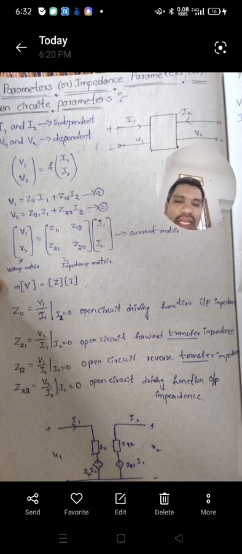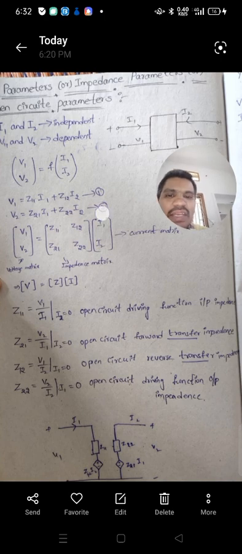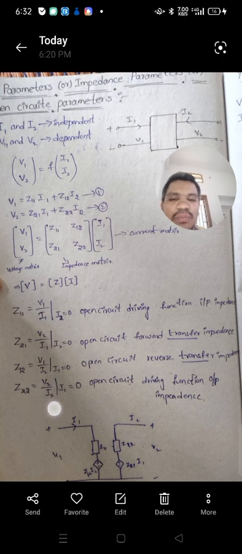And now again we will substitute I1 equal to 0 in the second KVL equation. So therefore Z21 into 0. So we get V2 equals Z22 into I2. From this equation we calculate Z22. Z22 is equal to V2 by I2 upon I1 equal to 0.